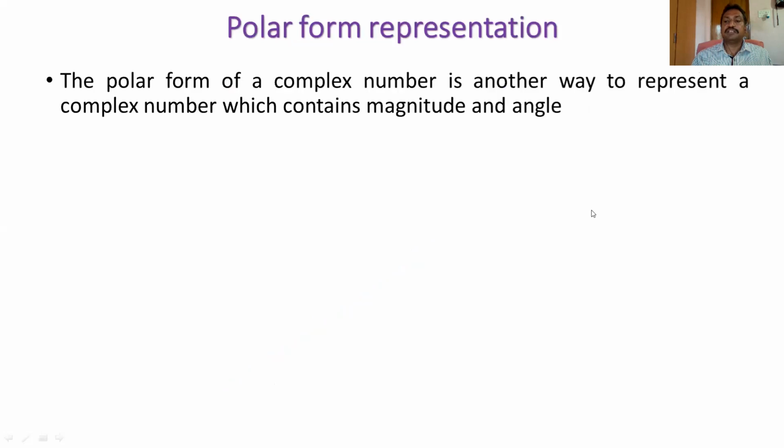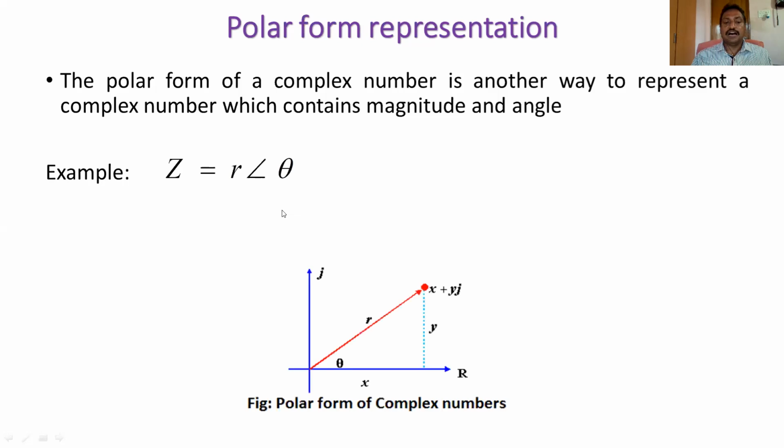Then polar form representation. Polar form is also a way to represent a complex number, which contains only magnitude and angle. For example, you see here, z is equal to r at an angle theta. R is the magnitude, which is indicated as the vectorial sum of x and y.